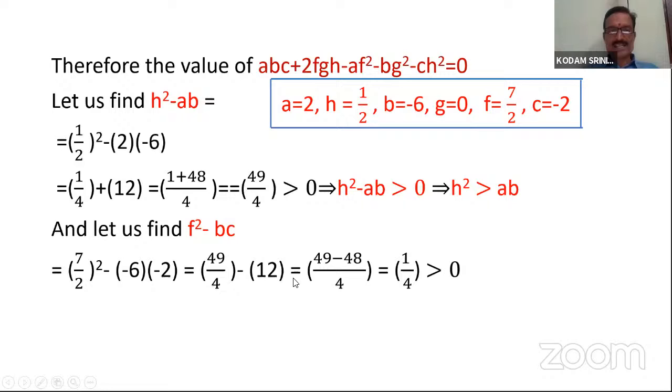That is 49 by 4 minus 12. Here also 4 is the LCM. That is 49 minus 12 into 4, 48. 49 minus 48, that is 1. 1 by 4, which is a positive value. So we got that f square minus bc also greater than 0. So f square minus bc greater than 0 means, taking minus bc to the right hand side, we will have f square greater than bc.